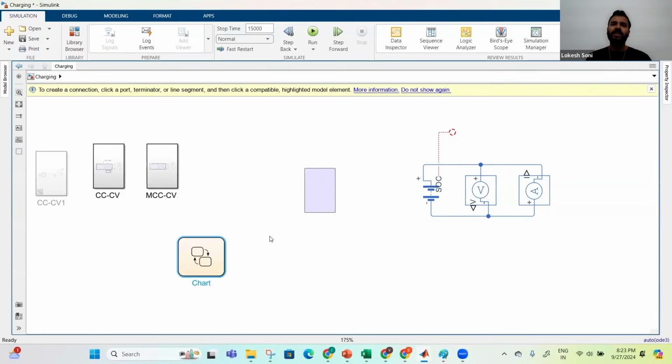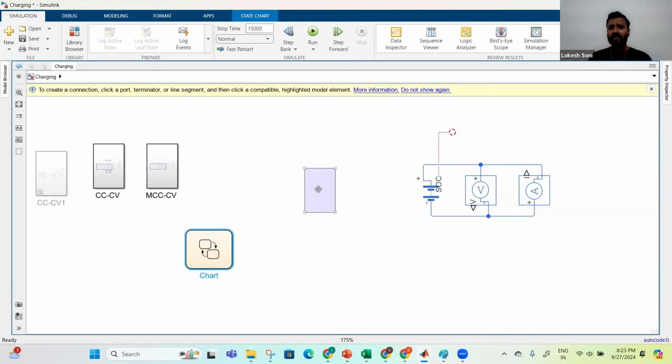Because when it comes to charging, the steps are more digital, right? You just go from one state, the CC state, to the CV stage, or if it is boost, there is one boost stage, then regular CC, then the CV stage. So it makes more sense to do the charging algorithm in Stateflow, but you're not limited by this. You can do it using blocks and other ways also.